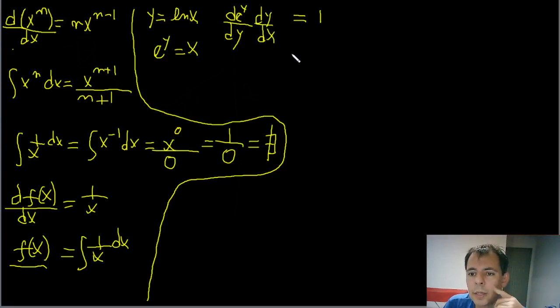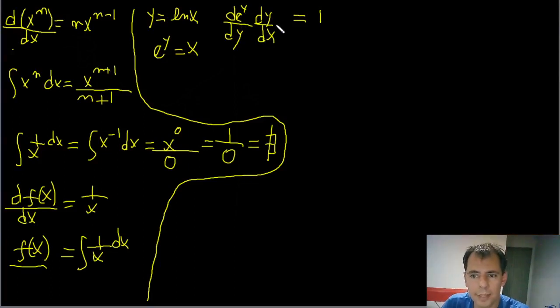Some people say this is not a multiplication, but I kind of disagree. I'm not going to get into that now. So you can cancel these two out, and you're left with the derivative of e to the y with respect to x.